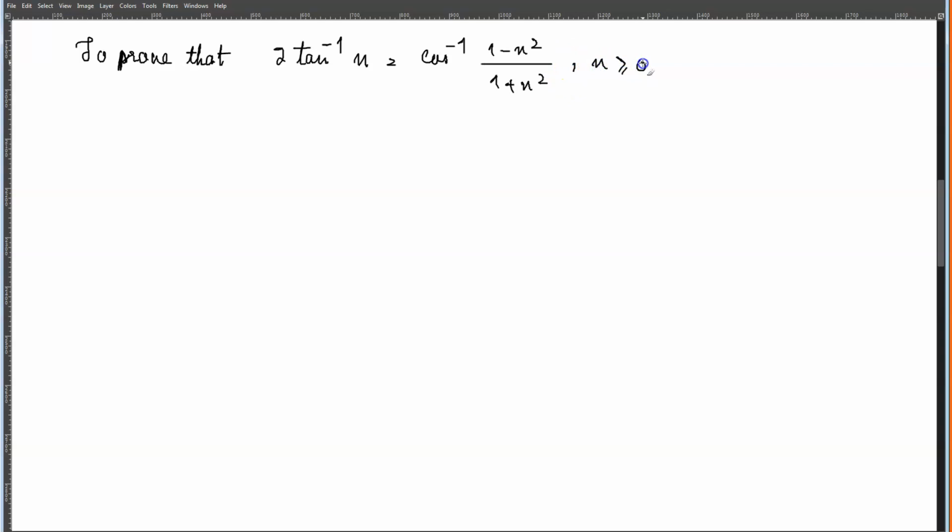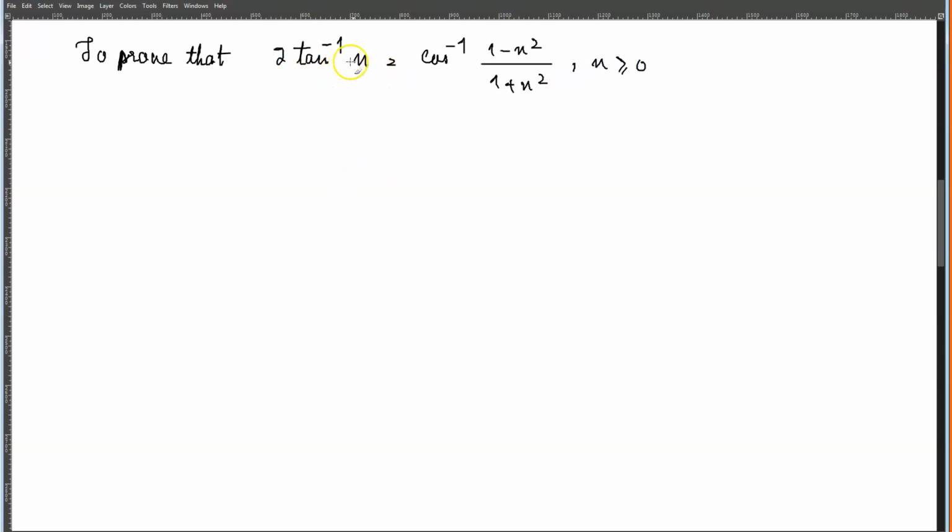So basically to prove that 2 times tan inverse of x is equal to cos inverse of (1 minus x squared) over (1 plus x squared) for x greater than or equal to 0.